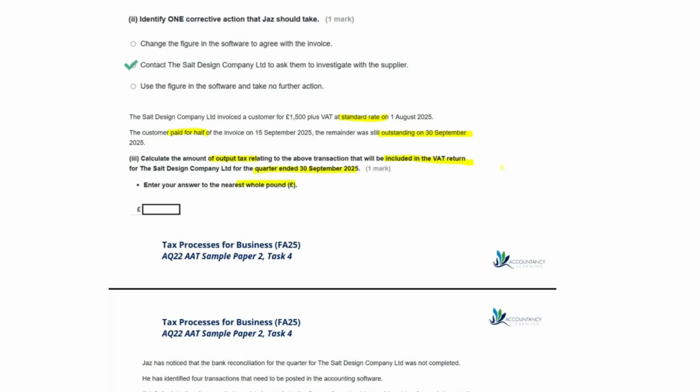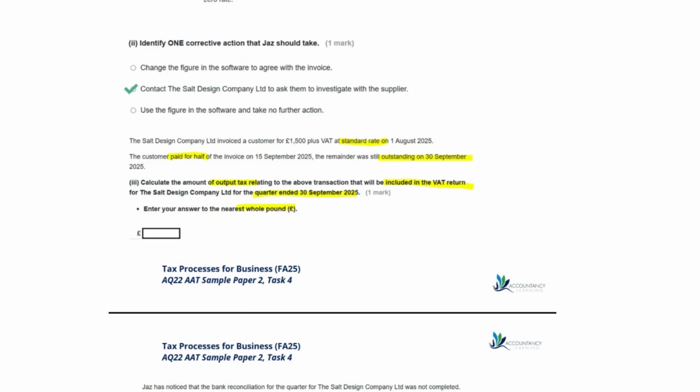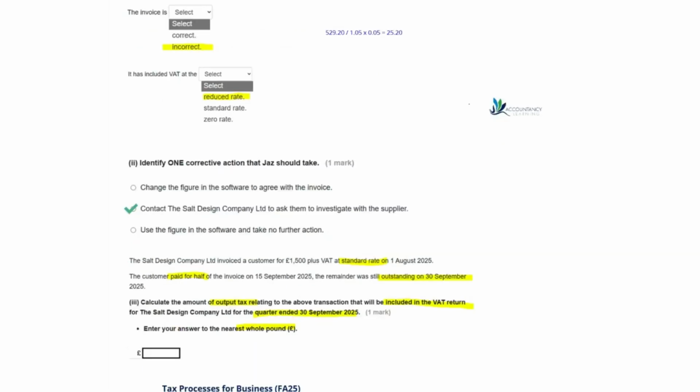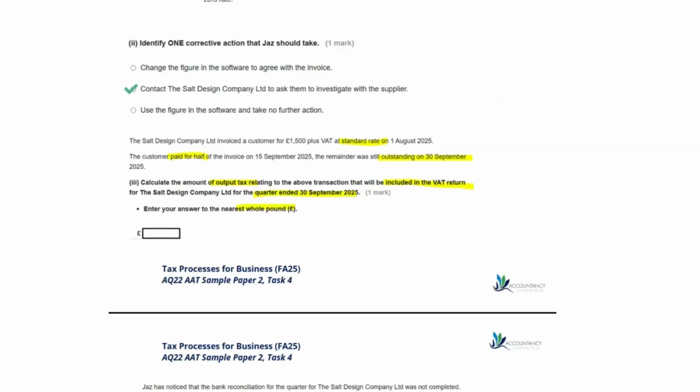Now, jumping back up to the information we're given at the top, remember they use the cash accounting scheme. So we're only concerned about paying over the VAT when we get the payment from the customer. They've only paid for half the invoice and half of it is outstanding.